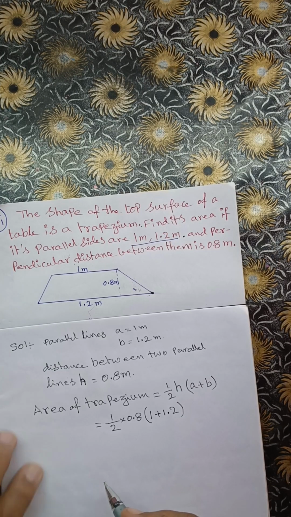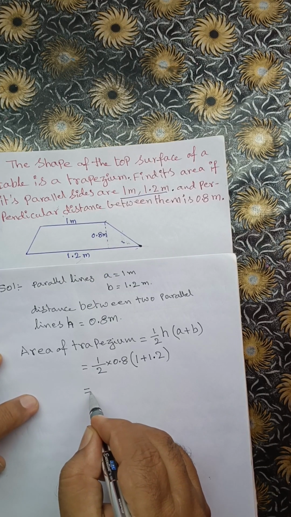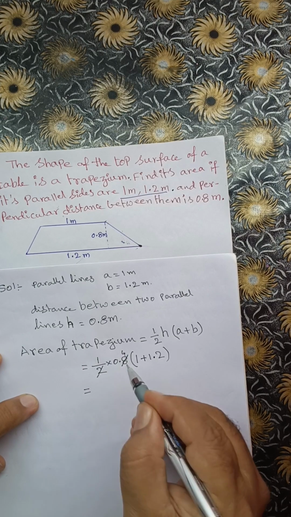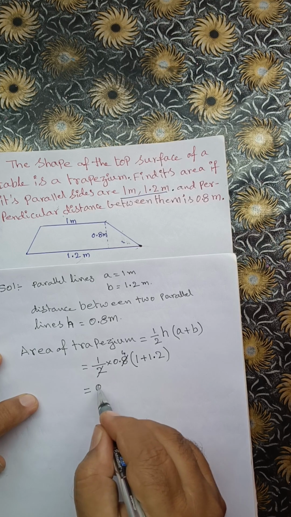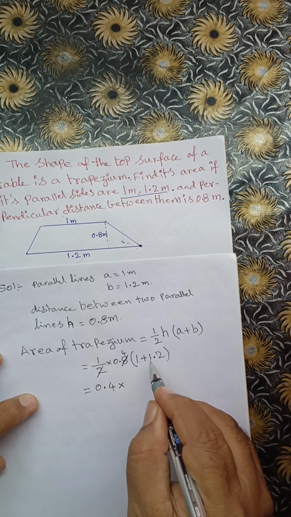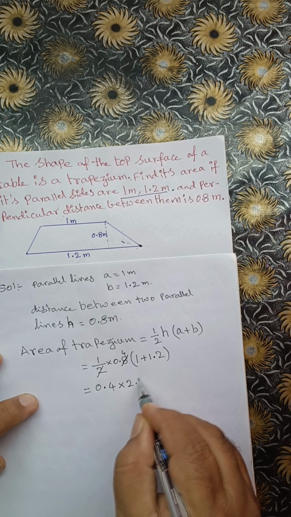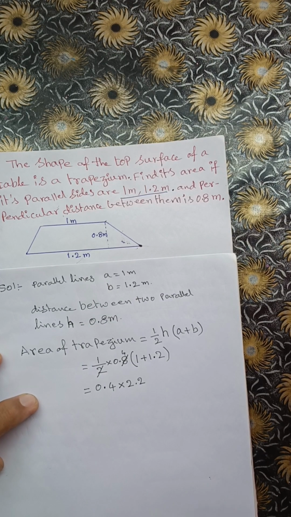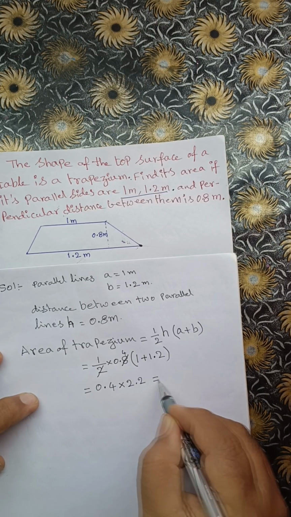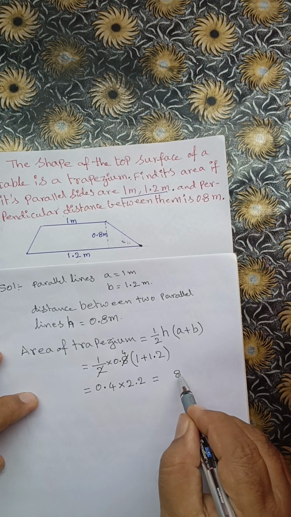So, it is 1 plus 1.2, that equals 2.2. So, 0.4 into 1 plus 1.2, it will become 2.2. 0.4 into 2.2 is equal to 0.88.